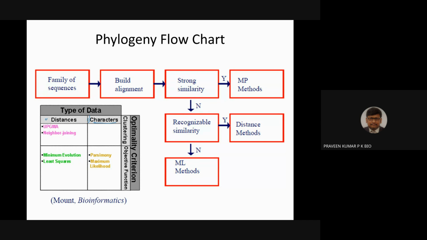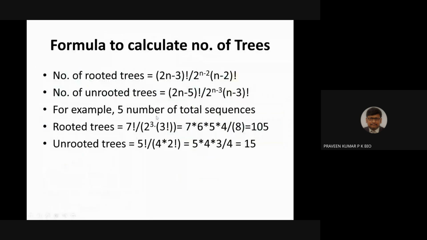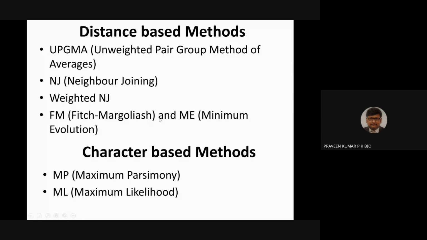And the second method is the distance-based method. In the character-based method, we have only two methods: one is maximum parsimony and the other is maximum likelihood. And in the distance-based methods, we have plenty of methods for phylogenetic tree construction. Number one is UPGMA, which means unweighted pair group method of averages.